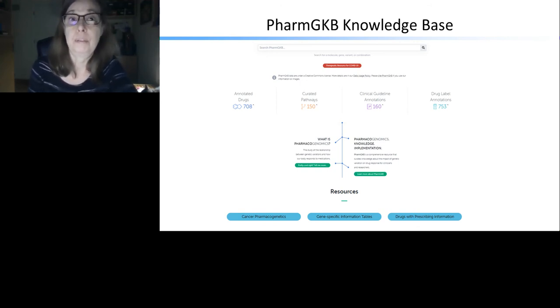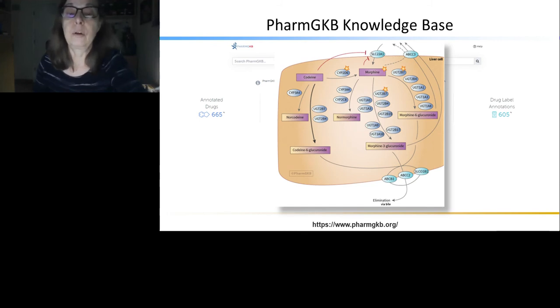This is a plethora of information on how to translate, for example, a diplotype into a phenotype. So if you're not familiar with these reference tables, please go and check them out. And then, of course, PharmGKB is also known for the wonderful pathways they are putting together.